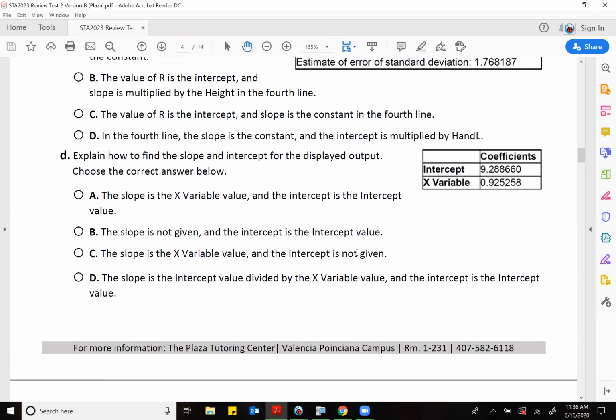Would it be A? The slope is the x variable value and the intercept is the intercept. Yeah, absolutely.